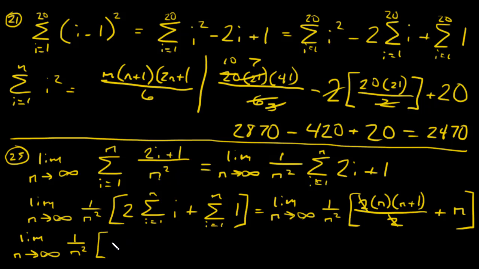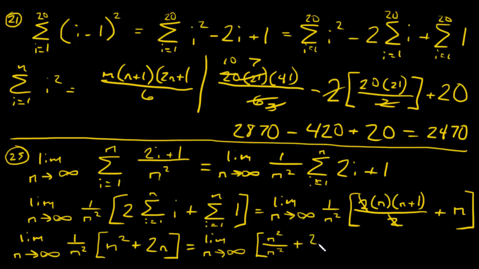So this is n squared plus n plus 2n. Okay, so that's going to be the limit as n goes to infinity of n squared over n squared plus 2n over n squared.